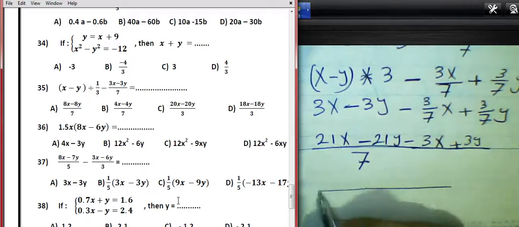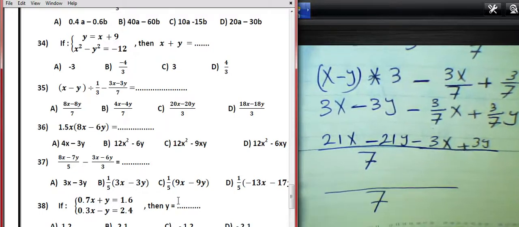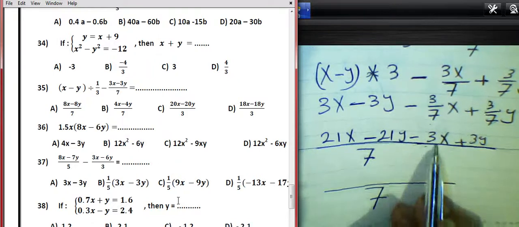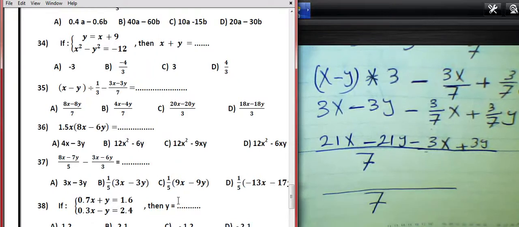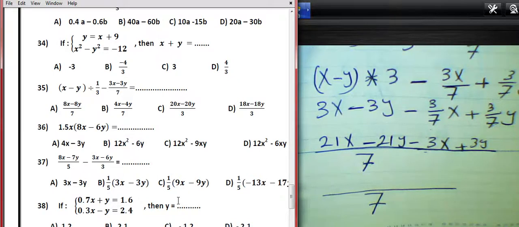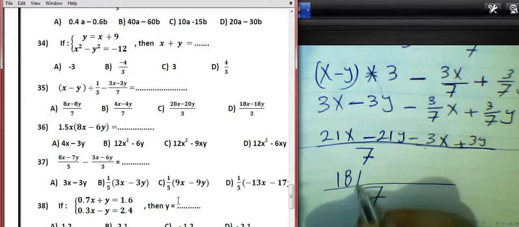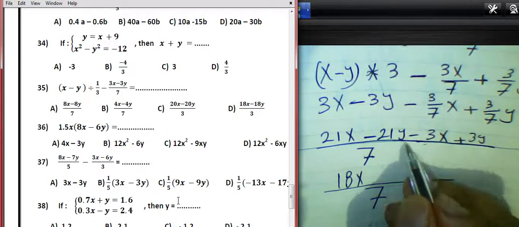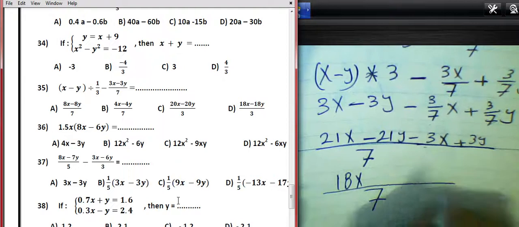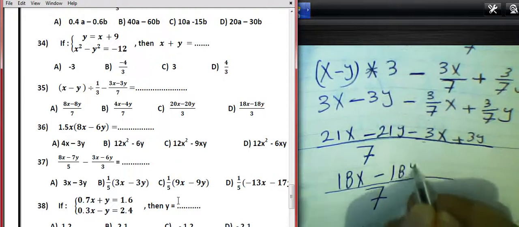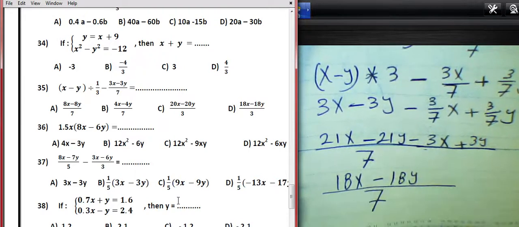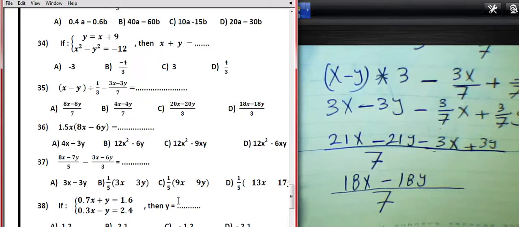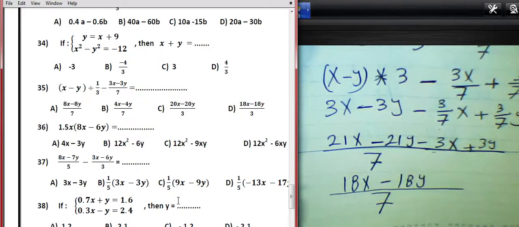So we can write 7 here in the numerator, and 21x subtract 3x equal what? Equal 18x. And negative 21y plus 3y equal negative 18y. Okay, the result will be 18x subtract 18y over 7. What? No, look at the example again.